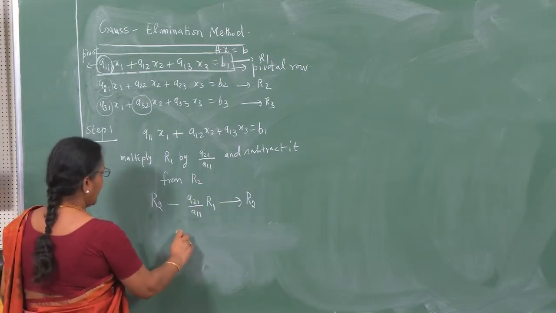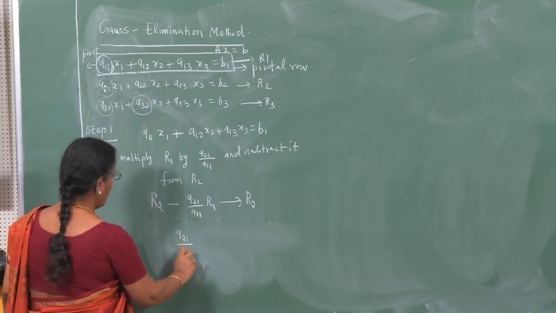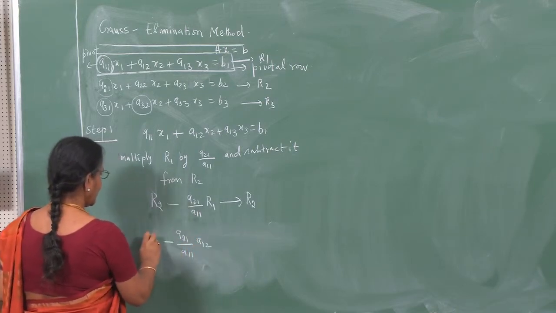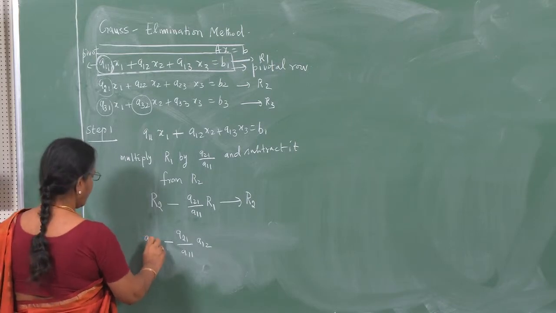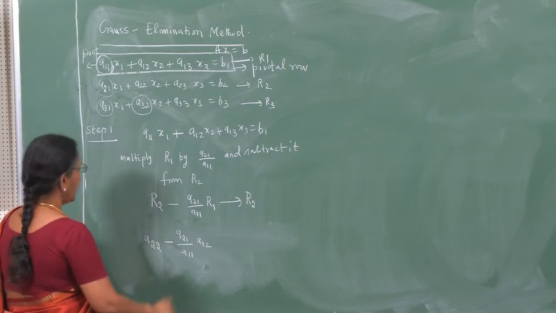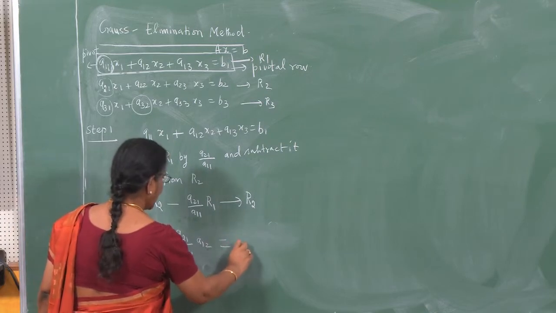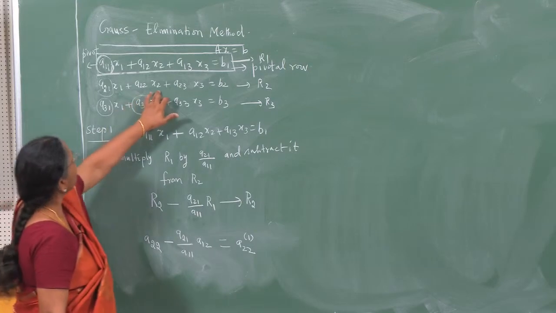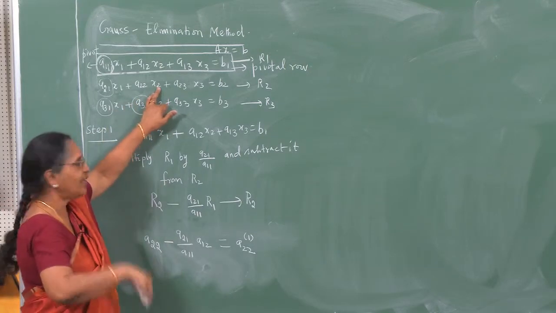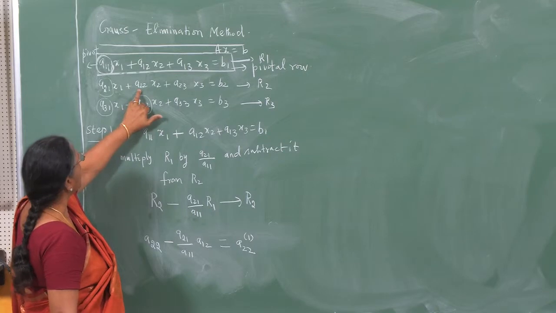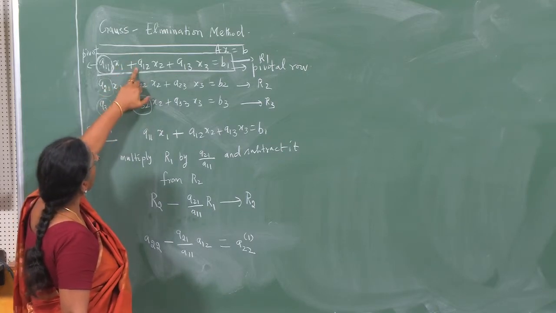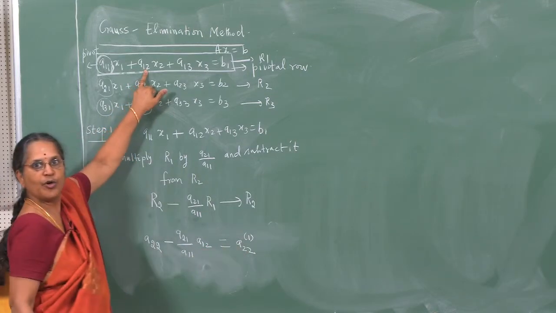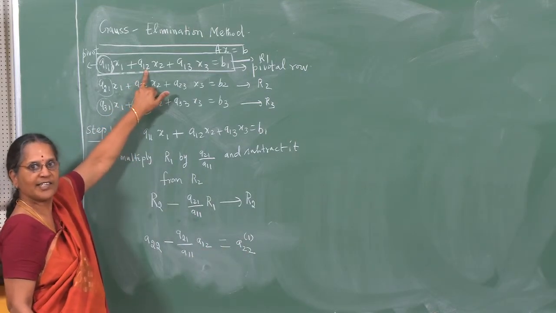So, A21 by A11 into A12, we are subtracting that from A22, and let us call this A22 at the first step. So, the coefficient of x2 now will be A22 minus A21 by A11 into A12, and I call that A221. That is the coefficient of x2.